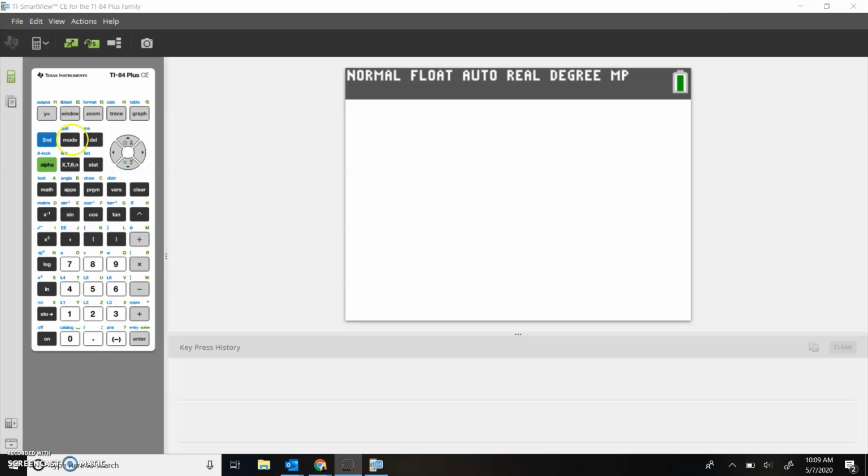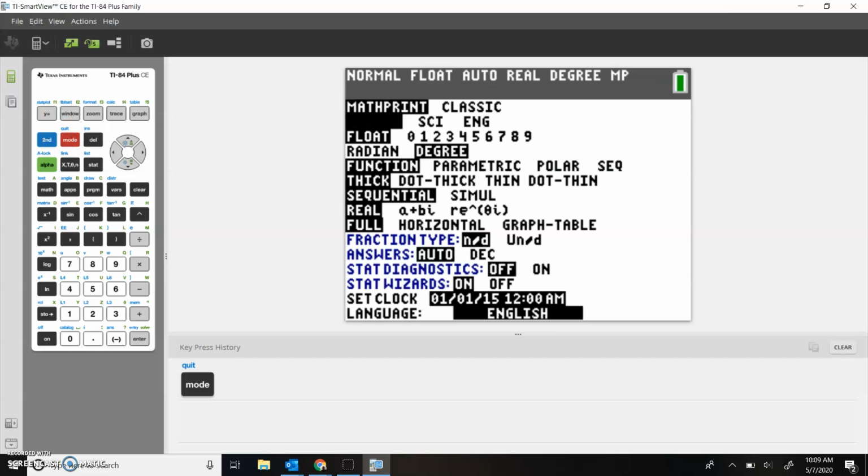So we're going to press the mode button, and you can see it highlighted in red here on the keypad. And here's all the different things that you can change. We can use the arrow keys on our calculator, and we get down to this fourth row and we see we have radian and degrees.